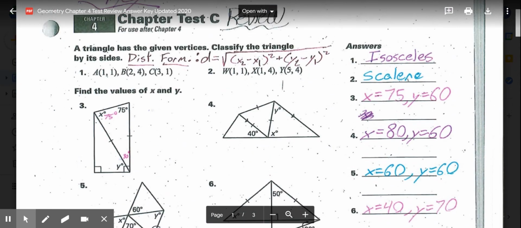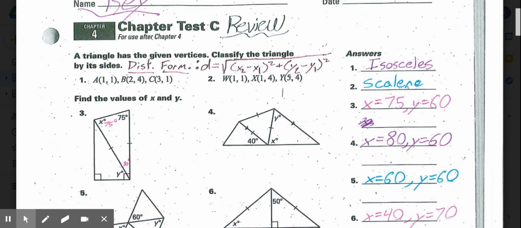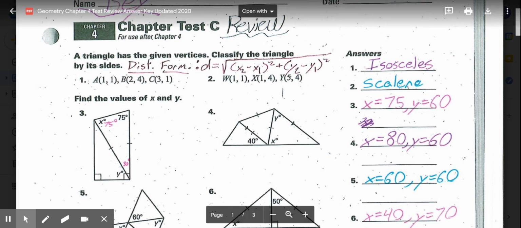All right, now back up. Number 3. So looking at number 3, we need to keep in mind our different properties, postulates, theorems, along with info that they gave us. So to find the measures of X and Y, we know in X they're looking for degrees.